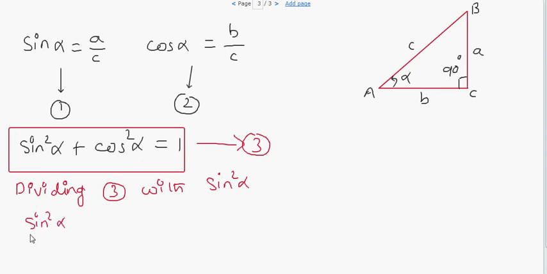sine squared alpha divided by sine squared alpha plus cos squared alpha divided by sine squared alpha is equal to 1 over sine squared alpha.